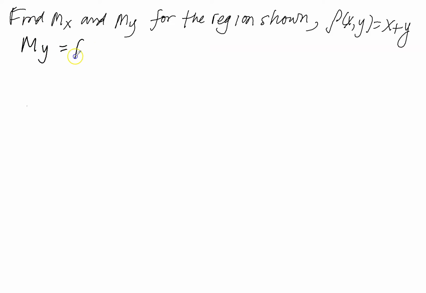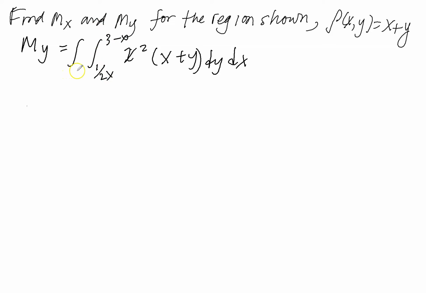That's equal to, we'll use the same limits on the integral, but this time the function is x squared times our rho, which is x plus y, dy dx. We go from a half x, the lower line, up to the upper line of 3 minus x, and the limits on x go from 0 to 2. So this is a not too bad looking integral at first.